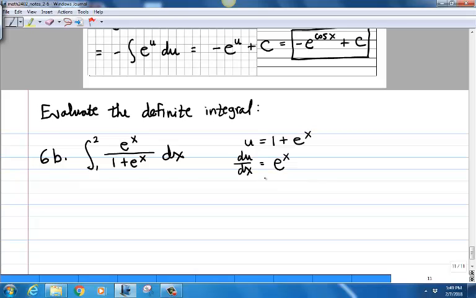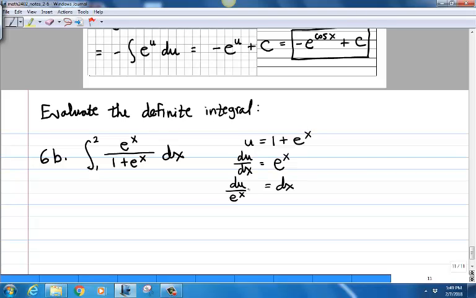so that's very clean. And now when we solve this for dx, I'll multiply both sides by dx, and then divide both sides by e to the x power. I'm cutting a couple of steps out here, but dx will end up being du divided by e to the x after we go through that algebra.